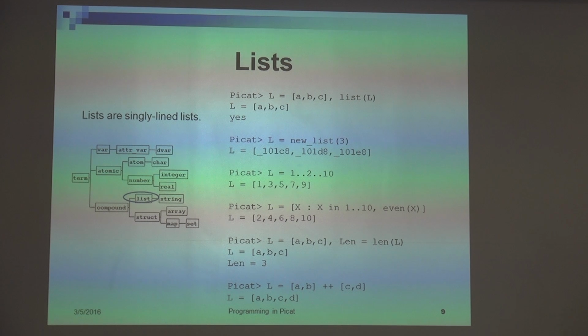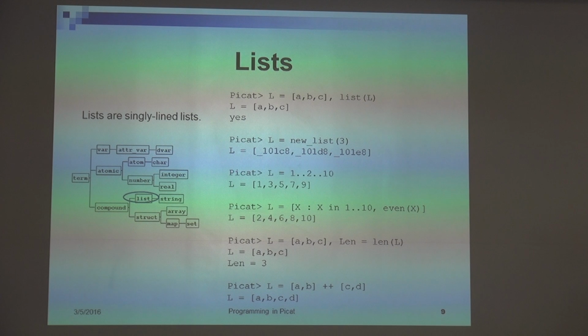You can also use a range, from 1 to 10, with step 2. You can also write lists implicitly by using list comprehensions. In this example, it is a list of X, where X is in the range from 1 to 10, and the property is that X is even.